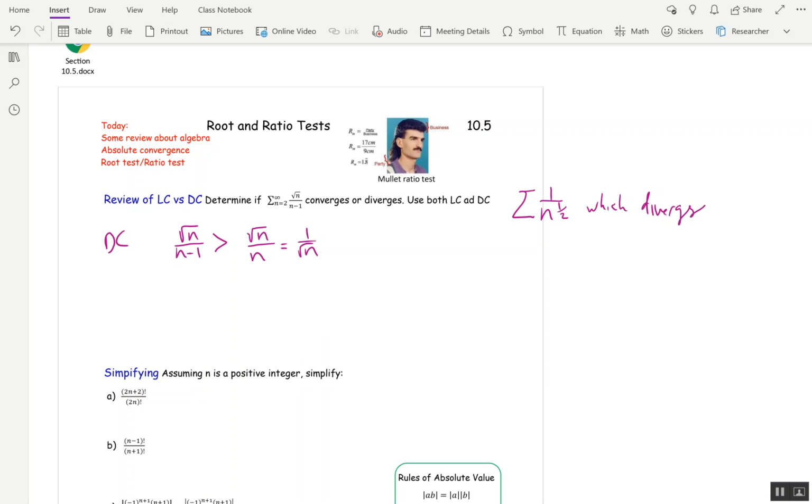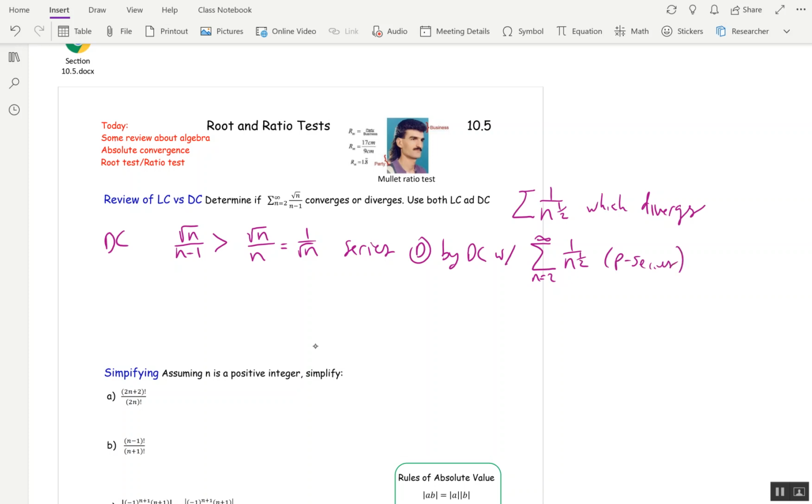When you use direct comparison, you just compare the terms. Now, these are the terms that come from a divergent series. So our series diverges by direct comparison with the P series, the sum, n equal, in this case it's 2 to infinity, of 1 over n to the 1/2. That's a P series.